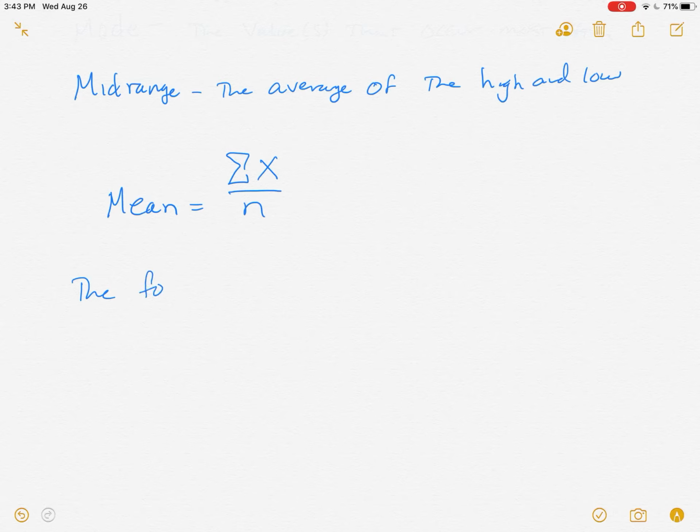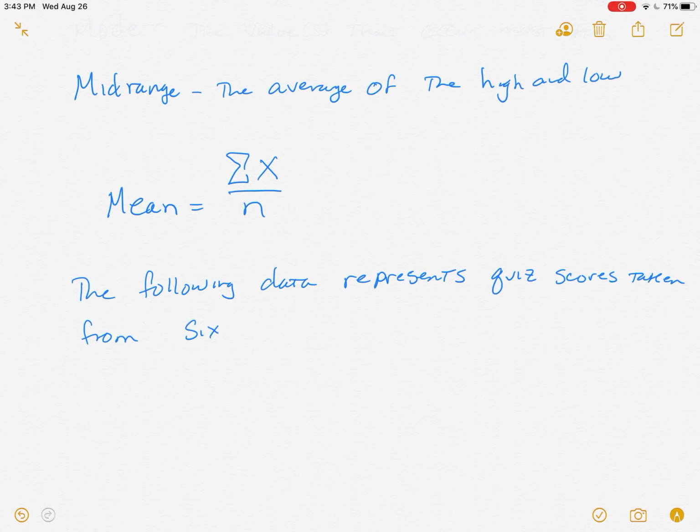The following data represents quiz scores taken from 6 randomly selected students.